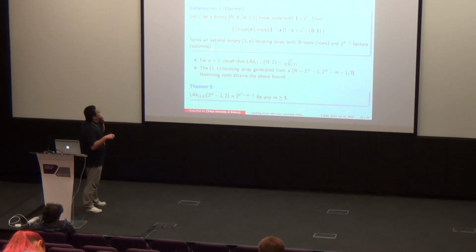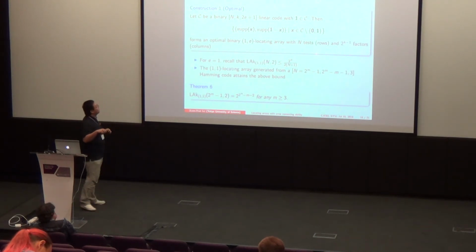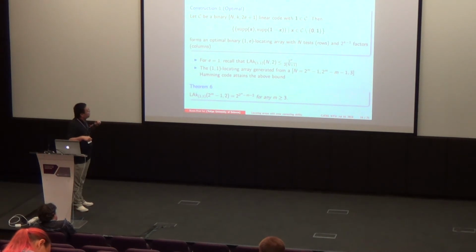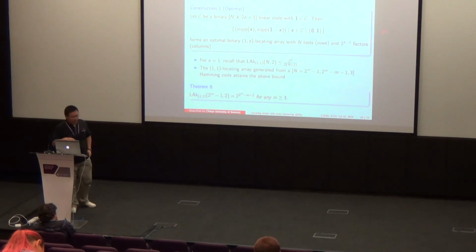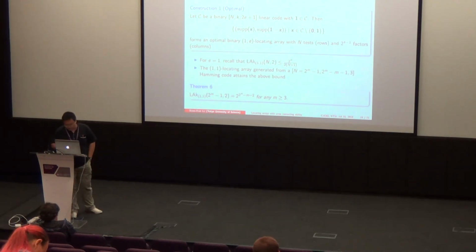Then this forms the optimal binary one-locating array with n tests and 2 to the power k minus 1 factors. So if we consider the Hamming code, then we can get equality in such a bound. This is a simple application of this construction.